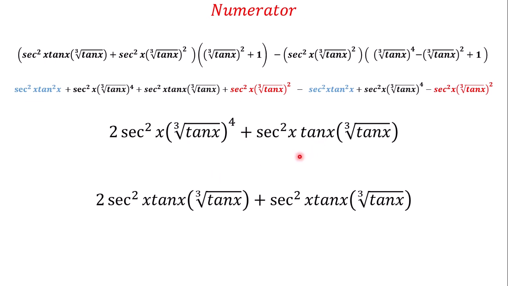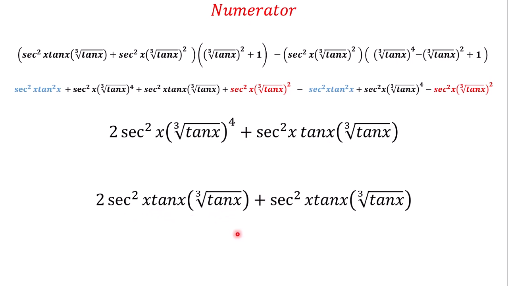We can also rewrite this one considering the powers, and that will let this one be this, and at the end of the day we can add, and when we add it will be 3 secant x squared times cube root of tangent x to the power 4, or we expand this further and it will be in this form, and when we add we will get 3 secant x squared times tangent x times cube root of what?